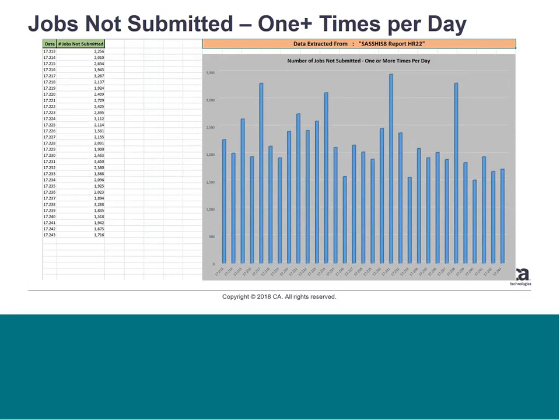We can look at this and say, well, how many jobs were not submitted one or more times per day? So this is the actual total number of jobs that were not submitted at least once, as opposed to the previous value, which was the total number of times all of the jobs were not submitted. So on a day-by-day basis, we can see that jobs not being submitted were particularly high on day 217.